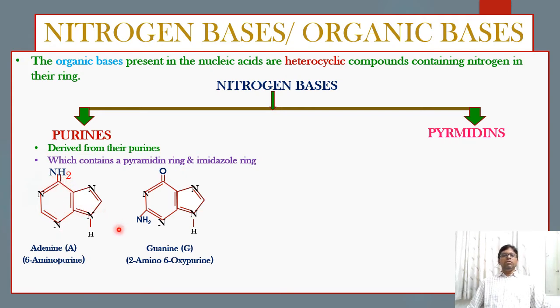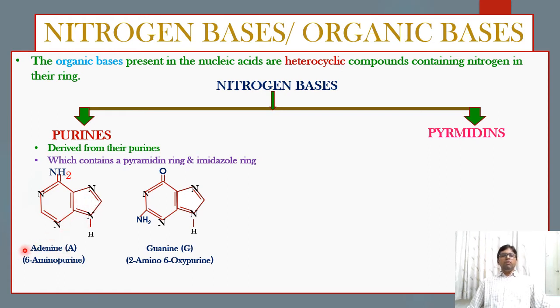Coming to the imidazole ring, this is the imidazole ring, which is a 5-membered one. In this ring, on the 7th and 9th positions, nitrogens are present in place of carbon.